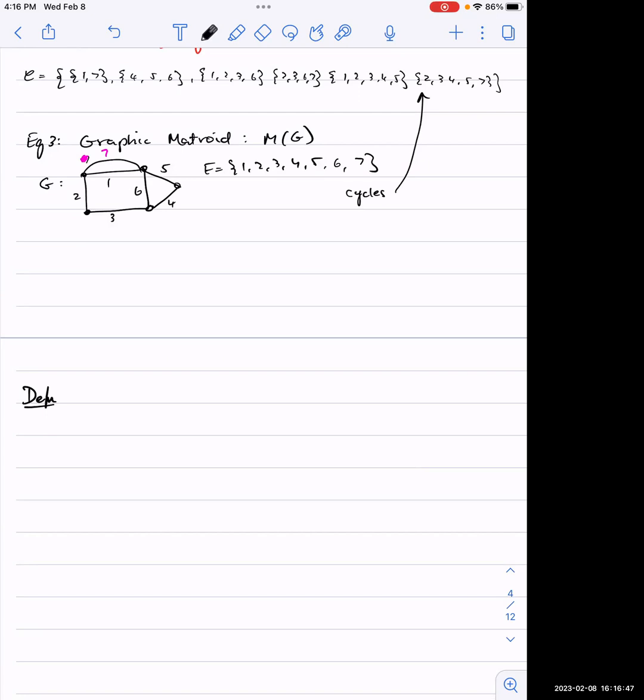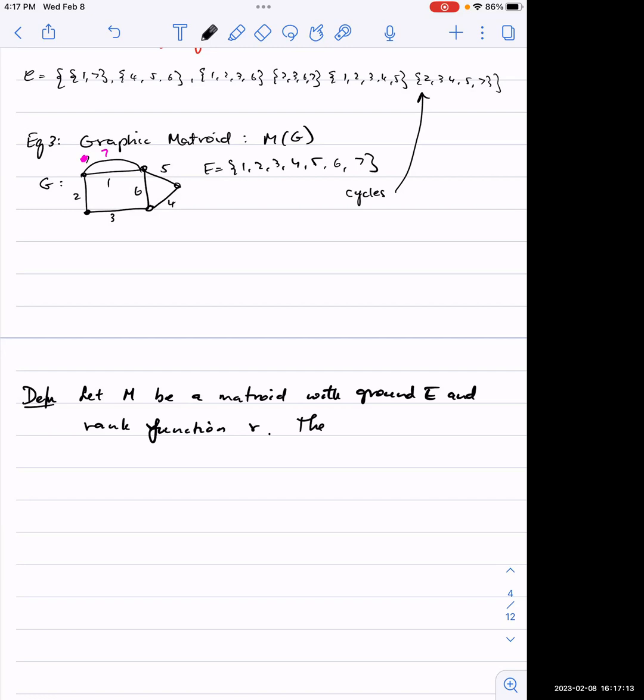So let M be a matroid with ground set E and rank function r.